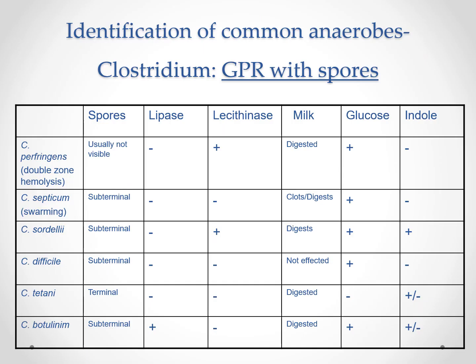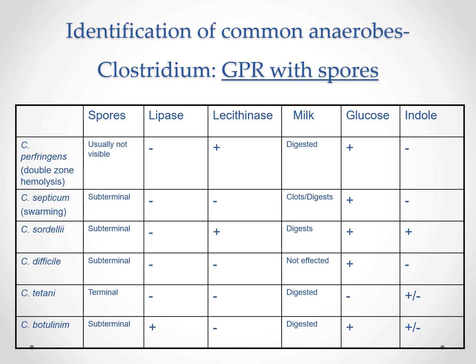Here's a nice chart for speciating the Clostridiums. These are the gram-positive rods with spores. Again, we want to locate on the organism if it has a spore or not, and then we want to determine is the spore subterminal or terminal. We can also use lipase and lecithinase to further speciate our Clostridium.